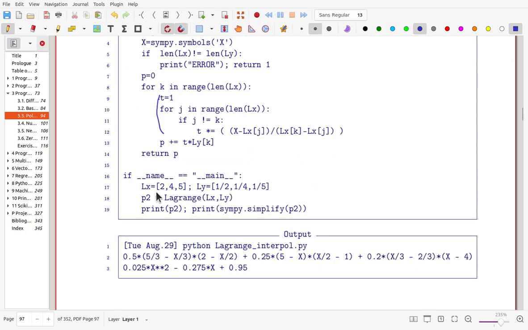Now here this is theta values, x values, y values, and we call the function Lagrange, and P2 has the result, and we print out P2, and after a simplification, print out again. Then results are given here. This is just a raw output, and this is simplified output.